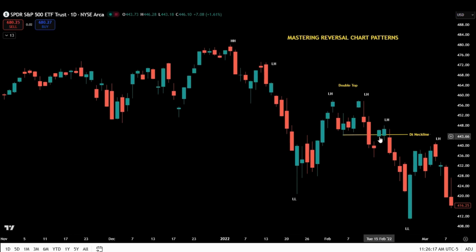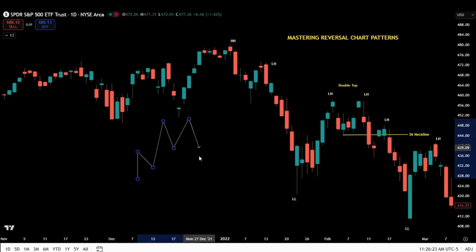But how the pattern often works is it looks like this. So you kind of have a left shoulder, top one, top two, right shoulder. This could be lower, this could be higher, it could be even. So that's how the double top pattern works.